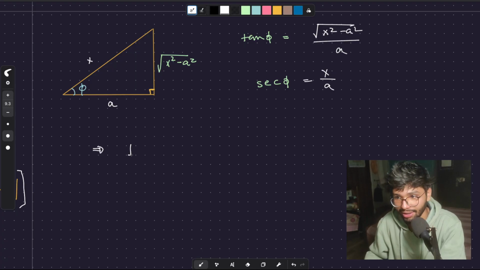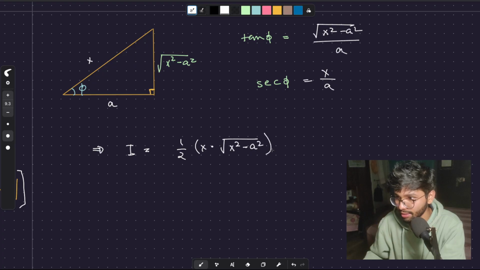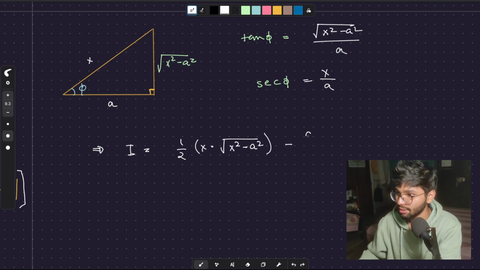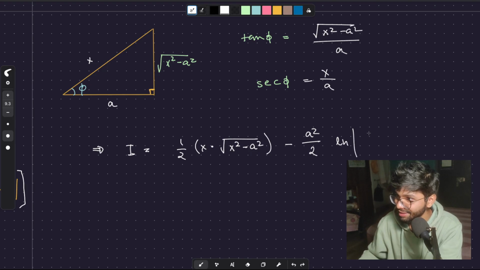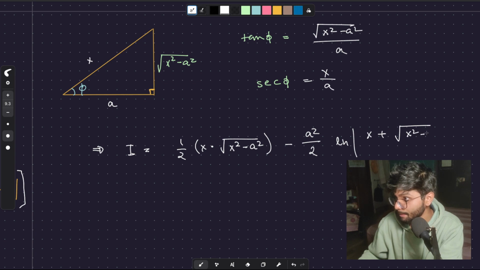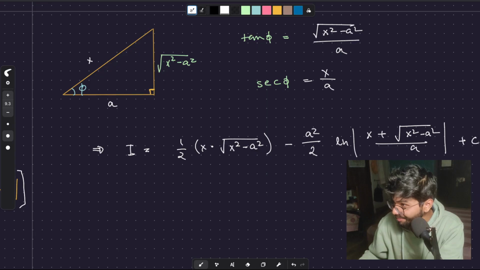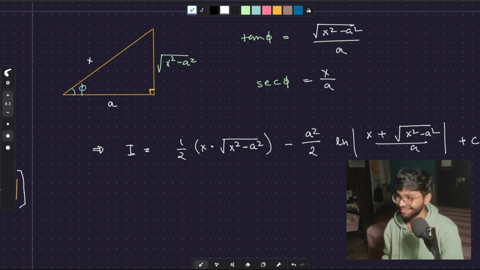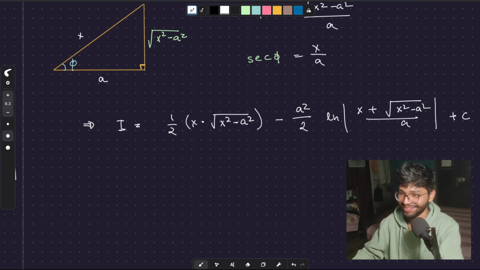The whole integral, let's call it I, is going to be 1/2 x times the square root of x squared minus a squared, minus a squared by 2 natural log of x plus the square root of x squared minus a squared, over a, plus c. We are done. Let's go.